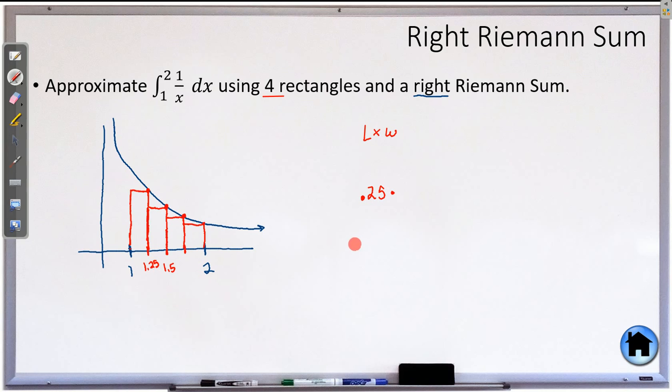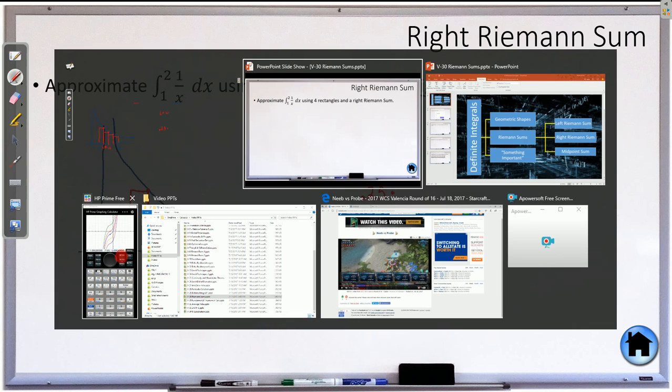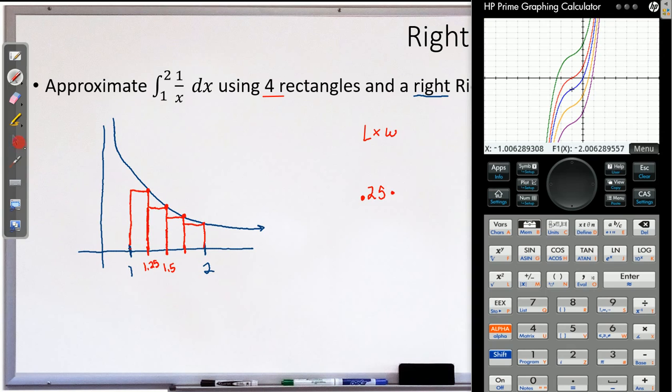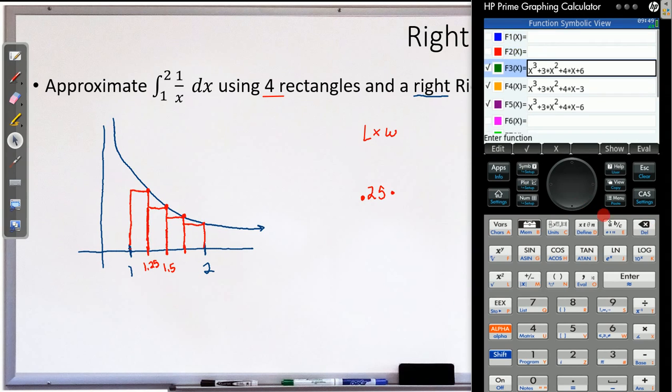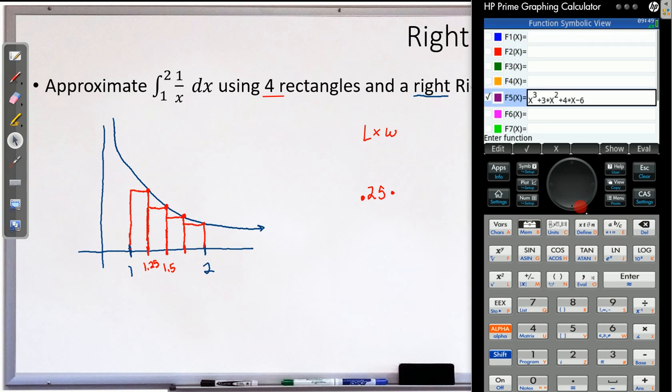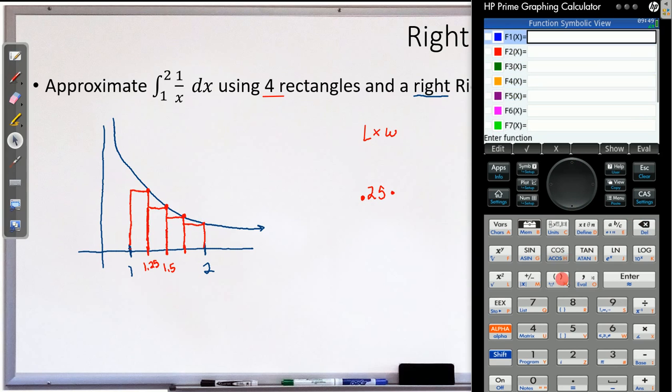so let's take out our calculator here to help us figure that out. Okay, so I'm going to type in this equation, get rid of everything else that's there. We are looking at 1 divided by x.